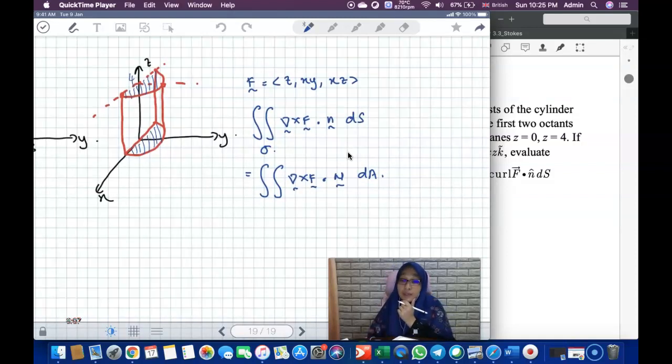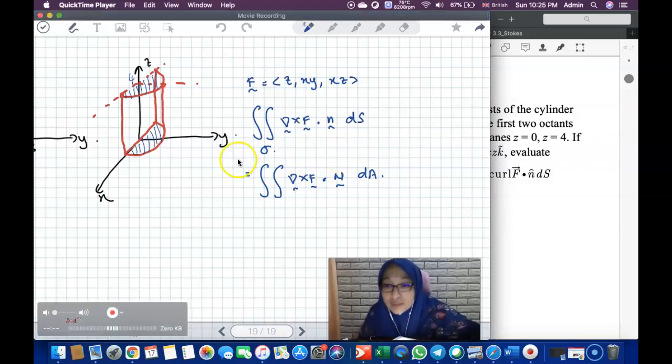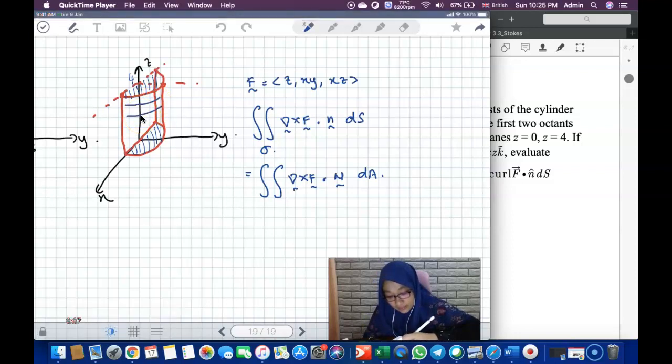Now we have to think about the surface. How many surfaces do you have? It is open, not closed. Your surface is the cylinder itself, this part of the cylinder, that is sigma 1. What else?